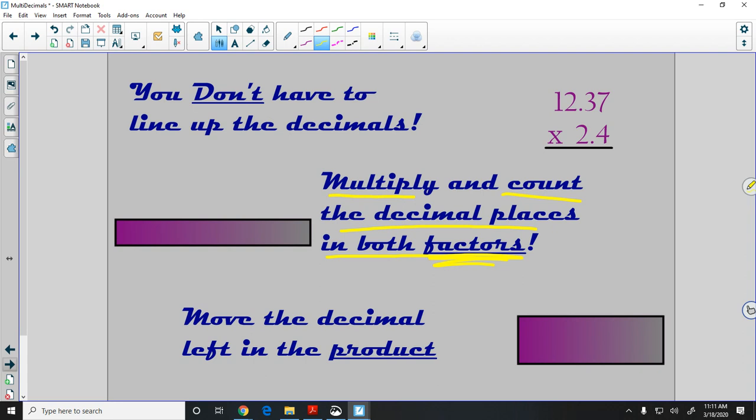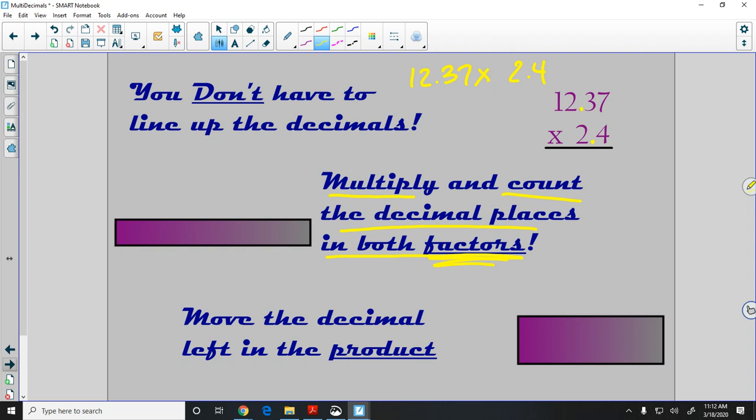Our very first step is just to set up. Let's say this was set up like this: 12 and 37 hundredths times 2 and 4 tenths. The way they set it up, notice did they line up their decimals? No, they didn't, because you don't have to. So now you just multiply like you normally would.